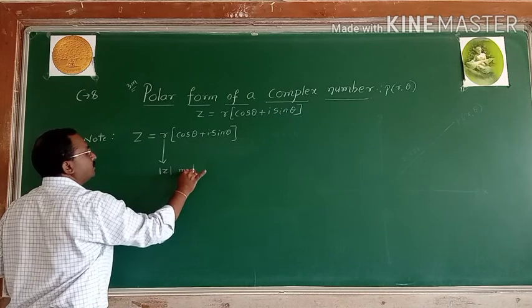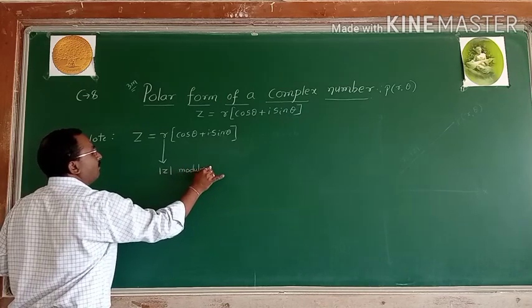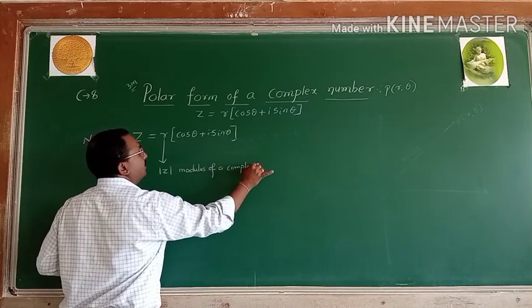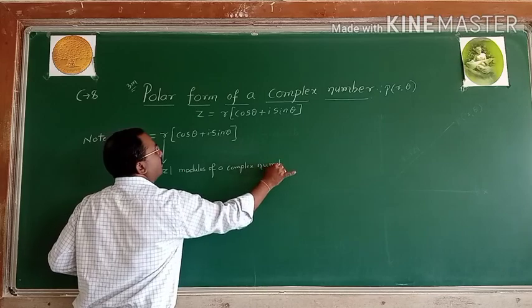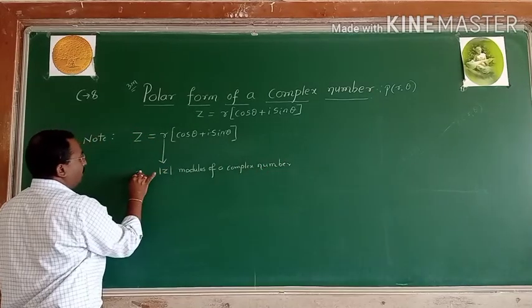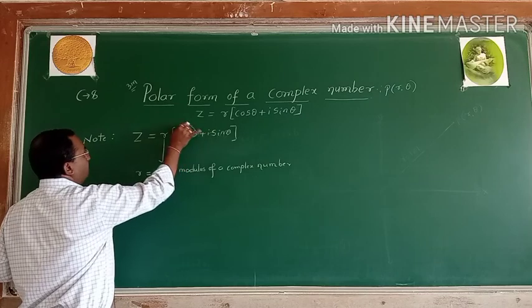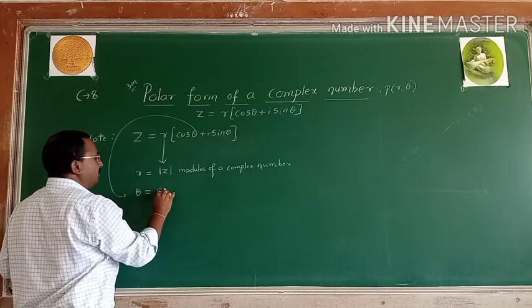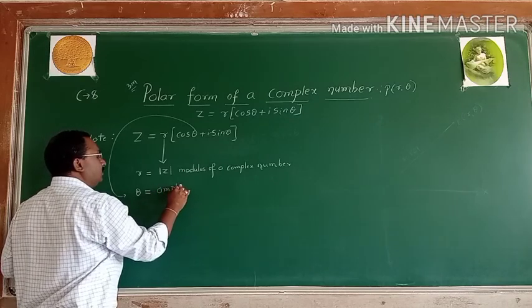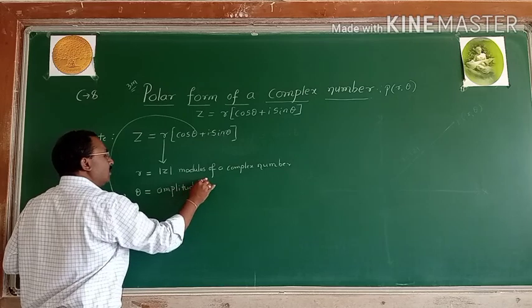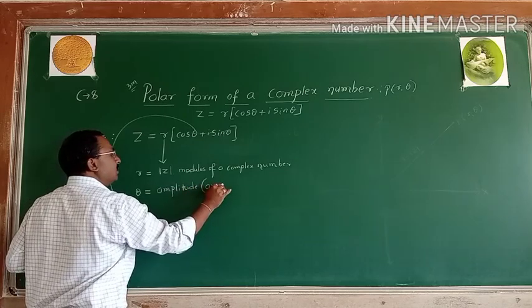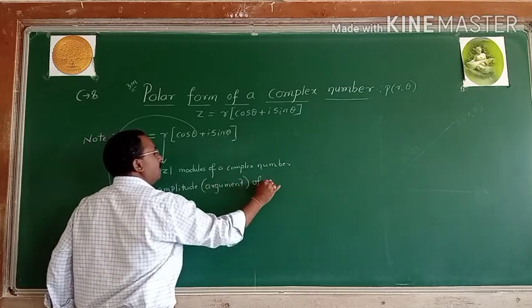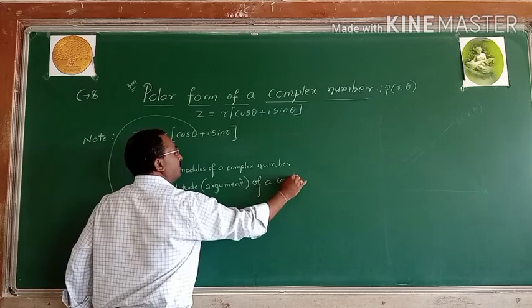It means the modulus of a complex number is r. And this theta represents the amplitude or argument of a complex number.